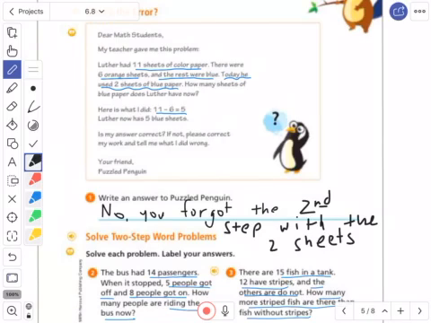So the final answer then, so the rest are blue, because then it says today he used 2 blue sheets. So the answer really is 3, because it should be 5 minus 2 equals 3 for the real answer. That's how many pieces are left.